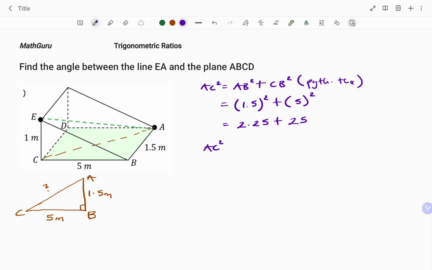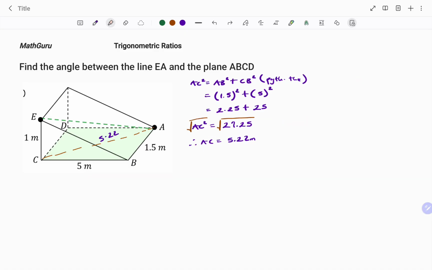Therefore, AC squared equals 27.25. And in order to find AC, I'm going to find the square root of both sides. Therefore, the distance AC equals 5.22 meters. So I'm going to put that back in, 5.22.